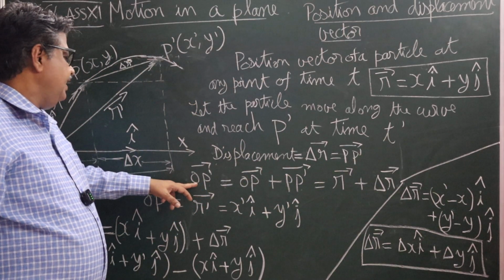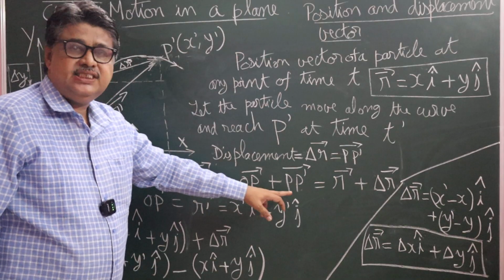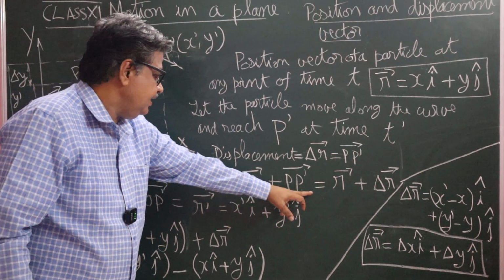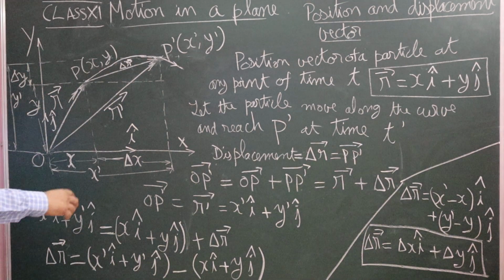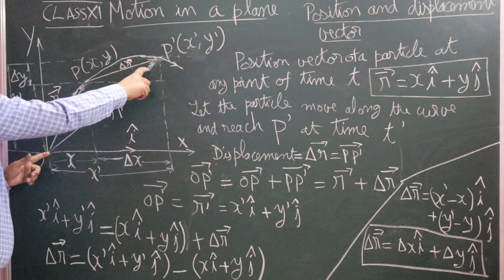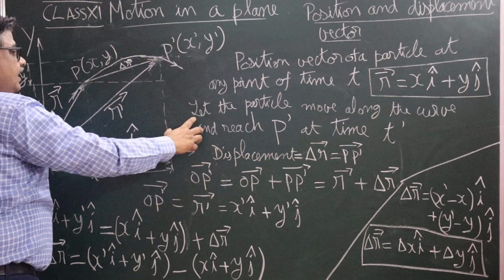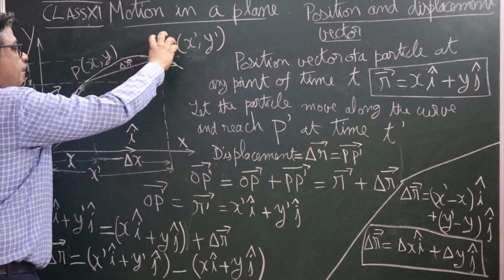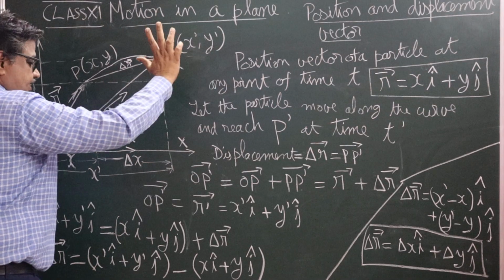Therefore, OP dash vector equals OP vector plus PP dash vector, that is r vector plus del r vector. But the coordinates of the particle when it is at point P dash are x dash, y dash.